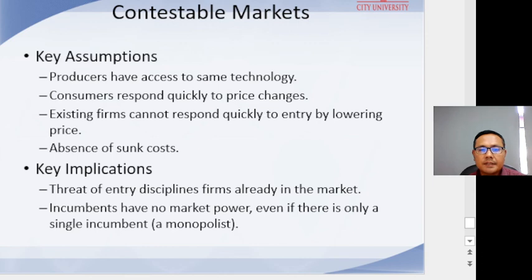And then the last section for this chapter, we will discuss the contestable market. Thus far we have emphasized strategic interaction among existing firms in an oligopoly. Strategic interaction can also exist between existing firms and potential entrants into a market.